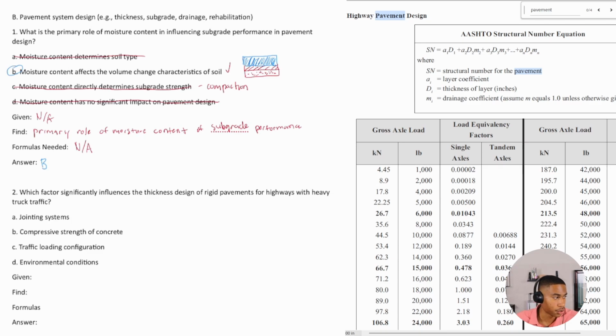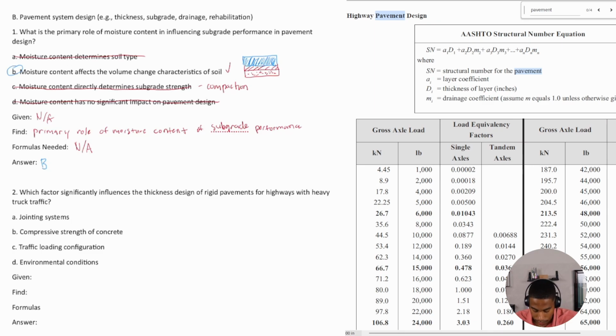All right, let's look at number 2. Number 2 says, which factor significantly influences the thickness design of rigid pavements for highways with heavy truck traffic? Heavy truck traffic. Okay. A, jointing systems. I don't know what those are. It sounds like joints from structures, or bolts or something, but I don't think that's the right one.